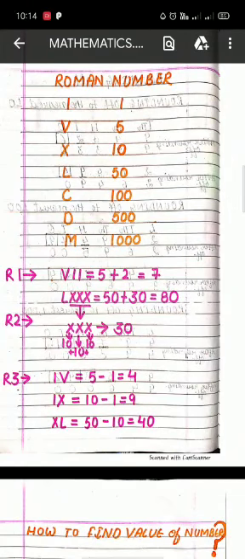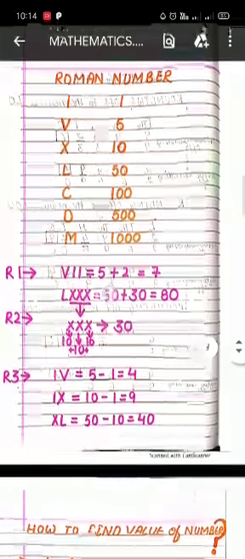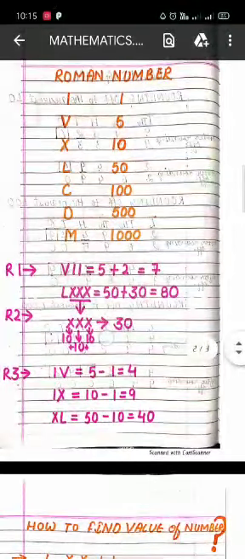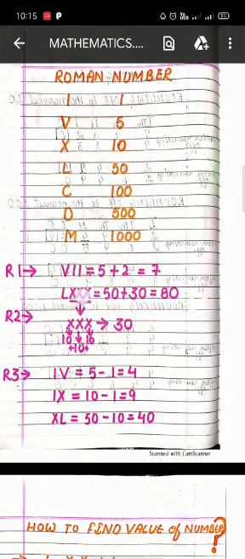Rule 2 is similar to rule 1. Here rule 2 says that the repetition of letters means addition. If the number is repeated, here also 3 X's are repeated, so it is 30, and 2 I's are repeated, it is 2. The repetition of numbers means addition in Roman number. Some letters are repeated up to 3 times.